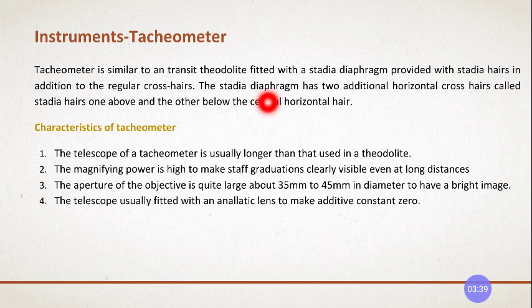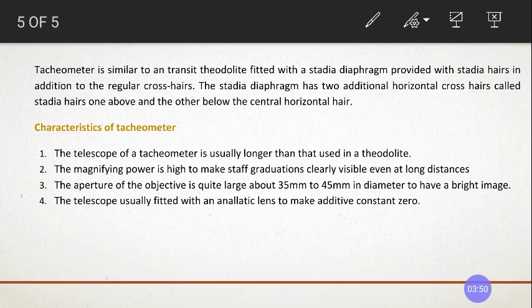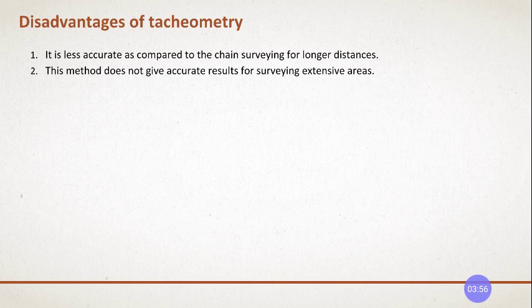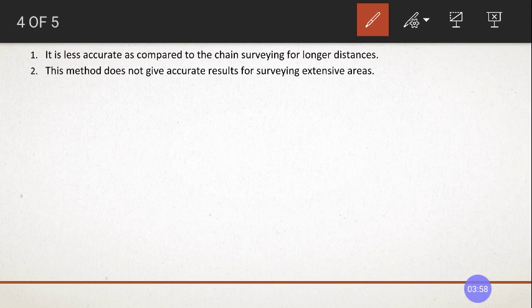The stadia diaphragm has two additional horizontal crosshairs called stadia hairs, one above and the other below the central horizontal hair. If you have seen the theodolite, I will show you here how it looks.